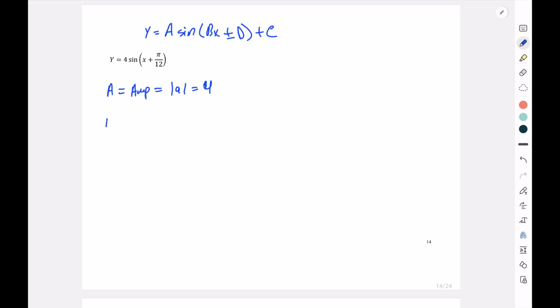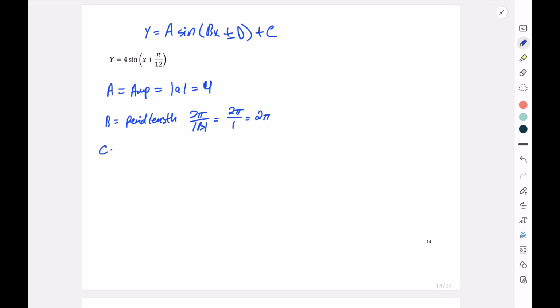We know for our b, which is our period length, in order to find that, we will take 2 pi over the absolute value of b, and that will give us our period length. So we know we'll have 2 pi over absolute value of b being 1, and so we know that we're just going to have to go 2 pi length.